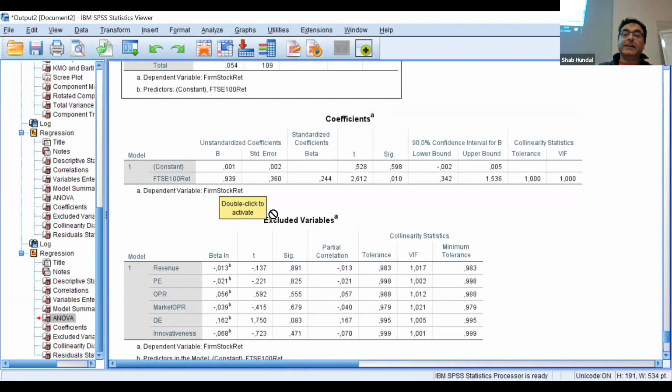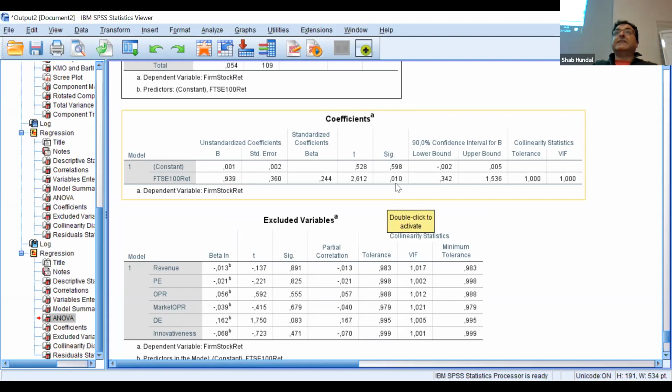The question is, is it significant or not? Yes, it is 10% significant. So we can say that among all the independent variables, FTSE 100 return is the only significant variable. And the question is, is the impact positive or negative? Look at the sign of beta.